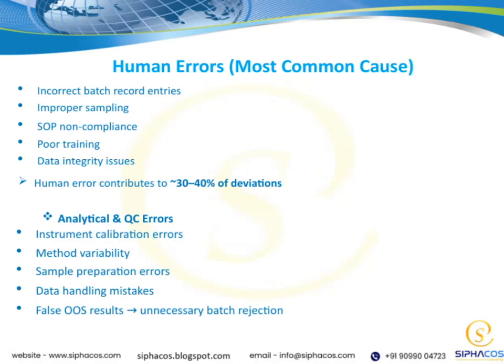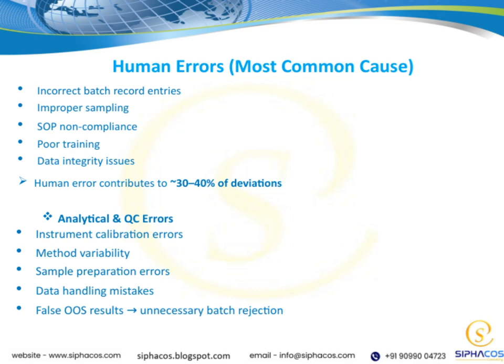Now, let's take a closer look at some of the common errors that can occur in analytical and quality control processes. First, instrument calibration errors can happen if equipment isn't properly calibrated, leading to inaccurate results. Method variability is another factor. Different operators or slight changes in technique can introduce inconsistencies. Sample preparation errors are also a concern.